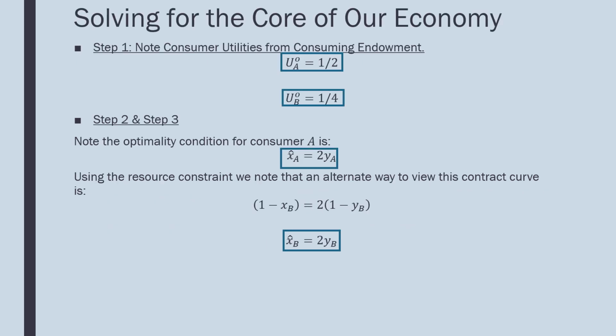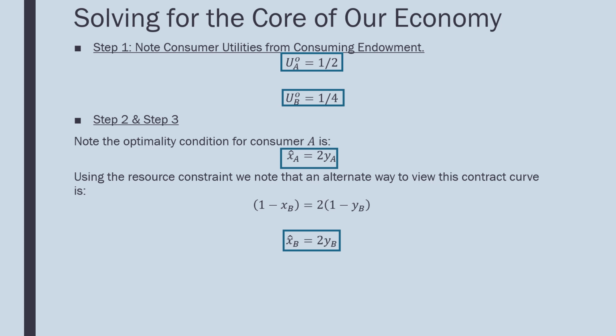So step number 1 is that we're going to note the consumers' utilities from just consuming the endowment. For consumer A, it's going to be 1/2, and for consumer B, it's going to be 1/4. Step 2 and 3, I'm just putting them together. We're going to note that the optimality condition for consumer A is going to be written as XA is equal to 2YA.